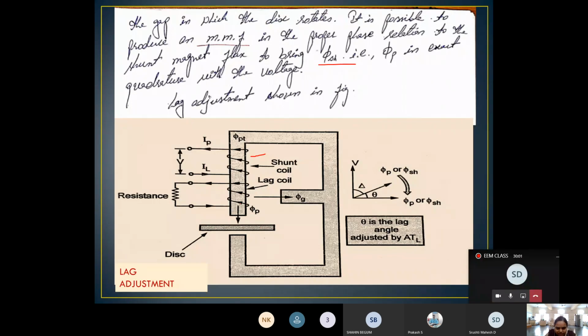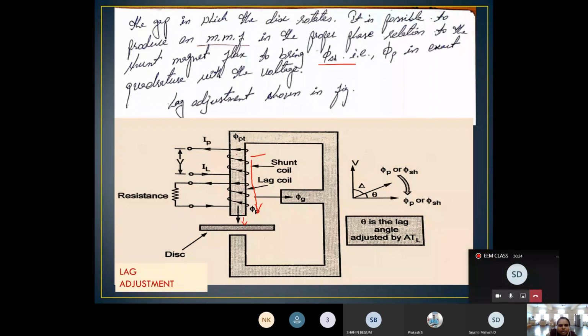When a current is passing through the coil and is introduced to the disc, our disc starts rotating, right? When it reaches the disc, how much current and voltage has to be given so that our disc starts rotating?